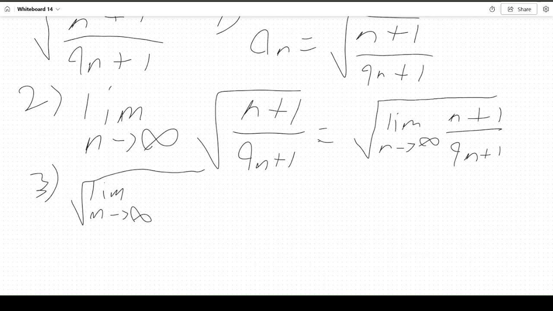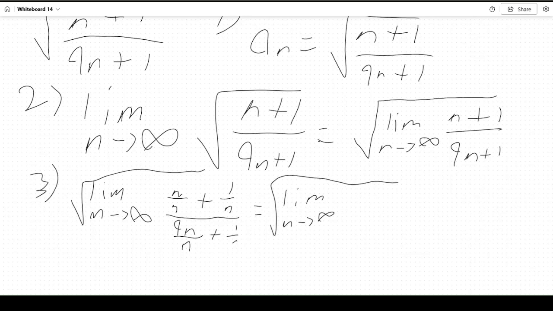The highest exponent is just n, so we are going to divide by n for each one. So this would be equal to square root of 1 over 9.